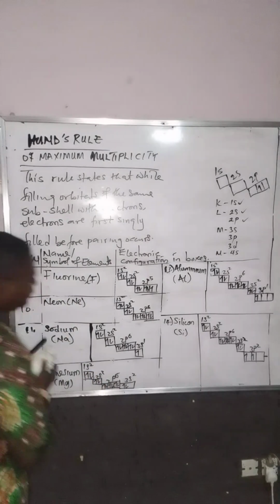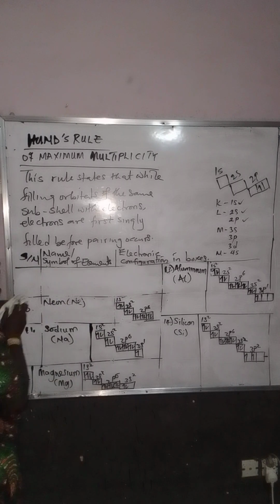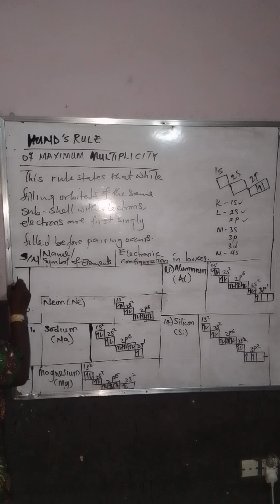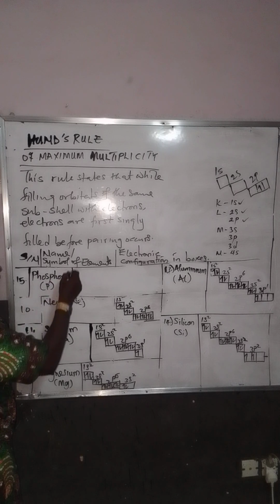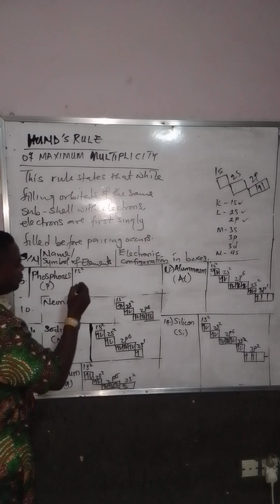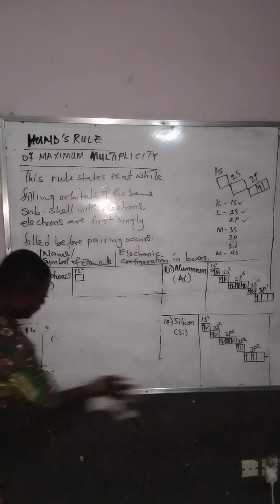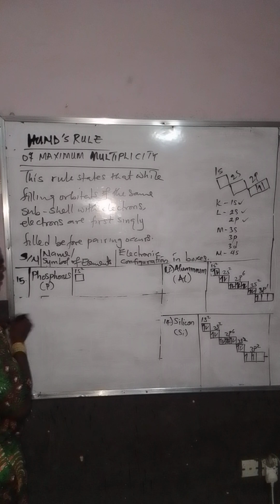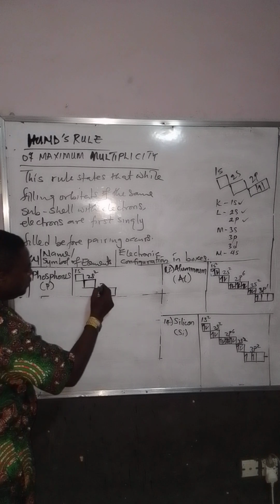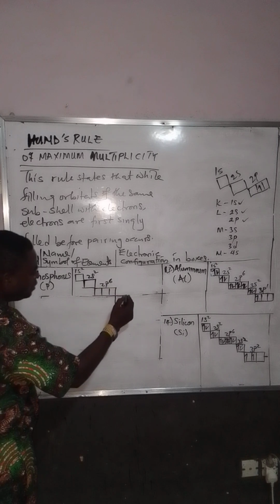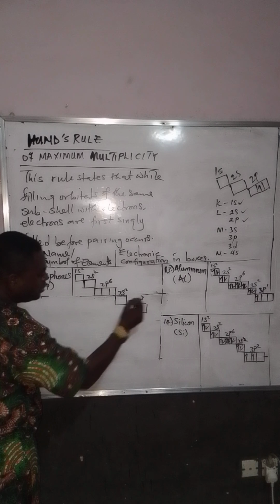So we move to phosphorus, number 15. That's phosphorus, P. Now we have 1s2, 2s2, 2p6, 3s2, 3p what? 3.